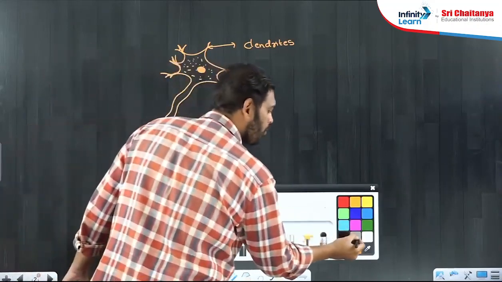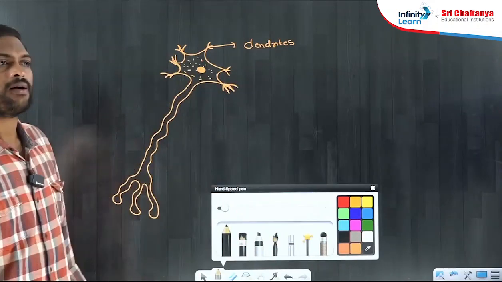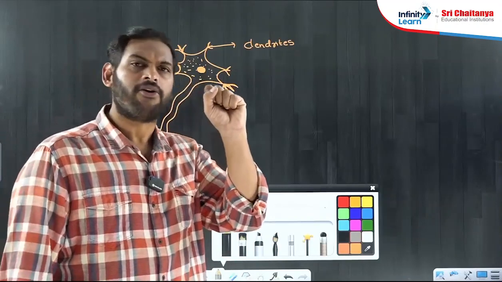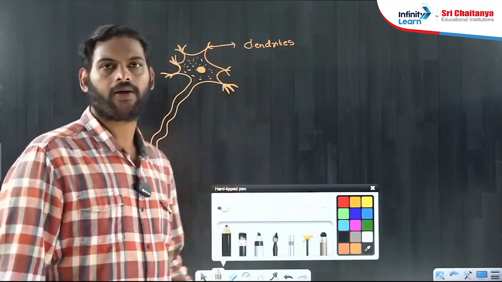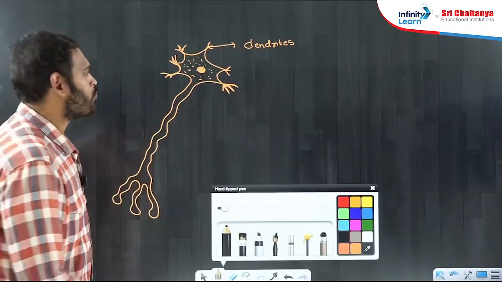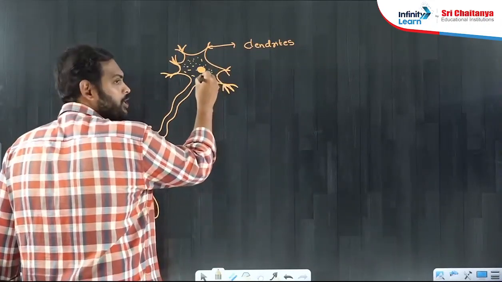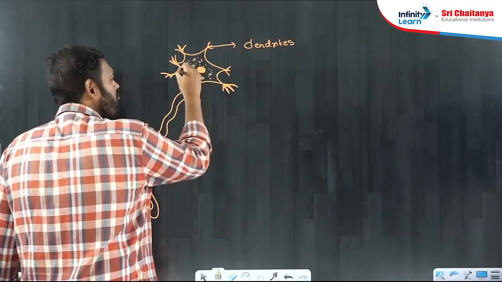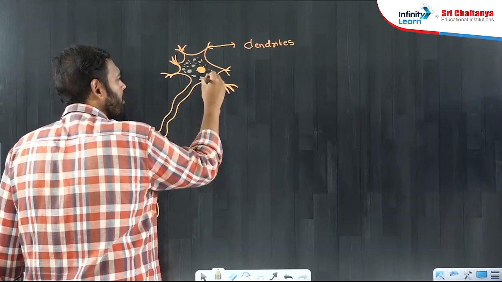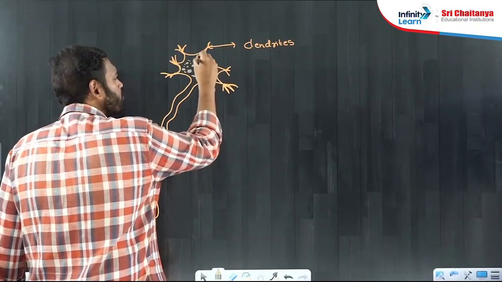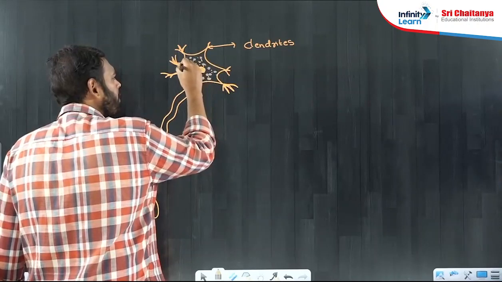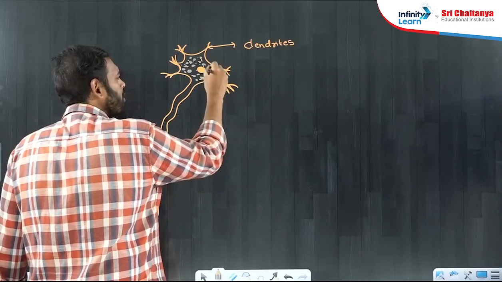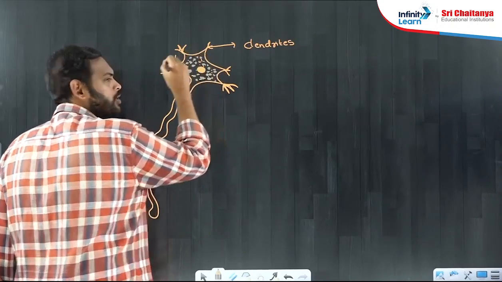whereas in cell body we can see a peculiar thing: ribosomes and rough endoplasmic reticulum, they join to form blackish grayish color structures like this. Rough endoplasmic reticulum and ribosomes associate with each other to form blackish or grayish looking bodies.